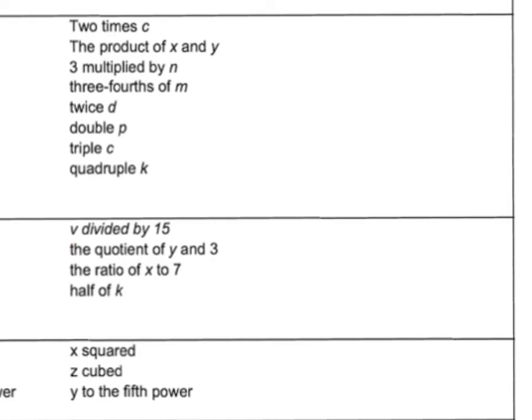Quotient's another word for division, and we have the phrase "of," which is a grouping, so we're going to take the y and the 3 and group those together and use division. So the quotient of y and 3 would look like y divided by 3.